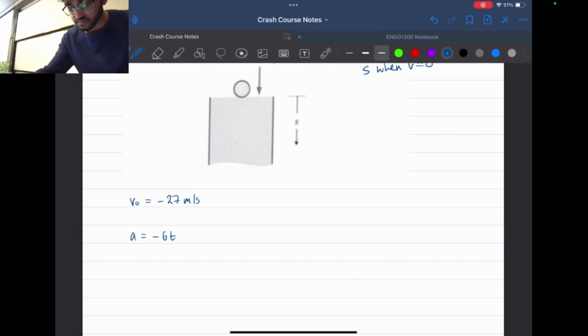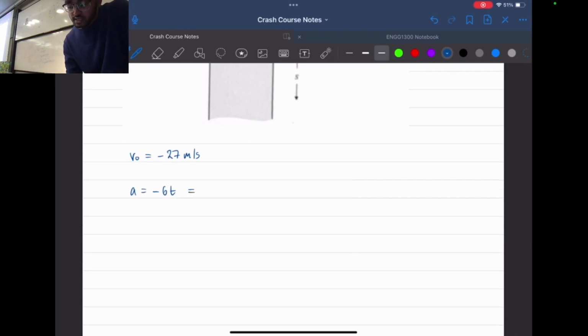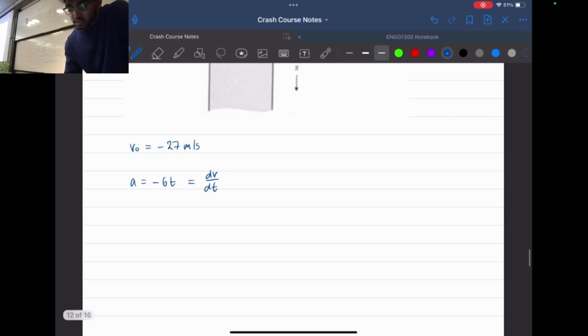Okay, so first of all, we know that acceleration is dv on dt, and we can rearrange, make dv the subject: minus 6t dt. And again, we can integrate both sides. We've seen this plenty of times before.